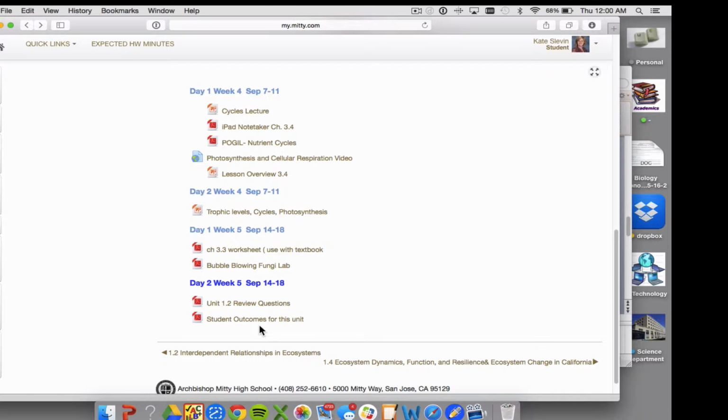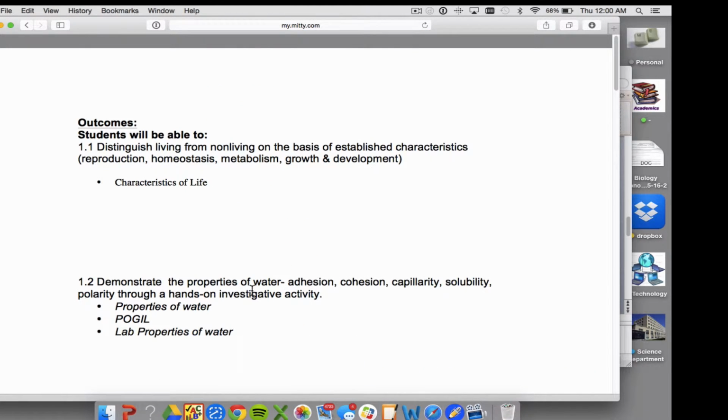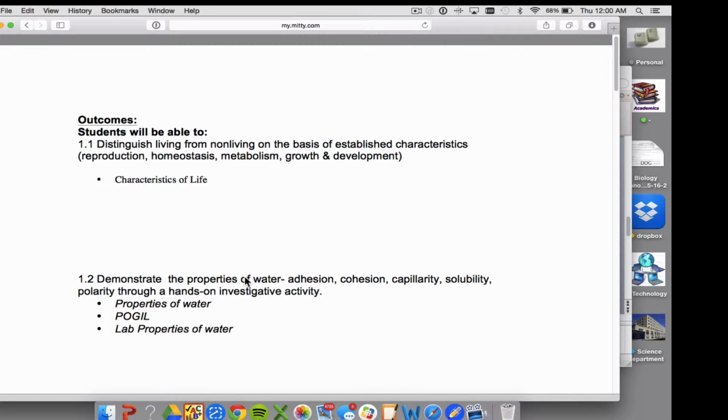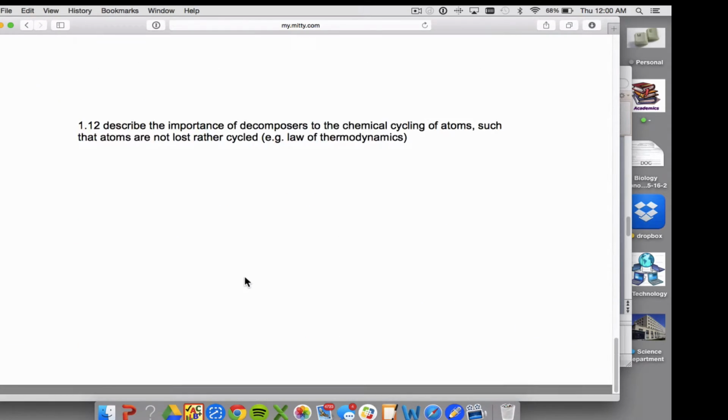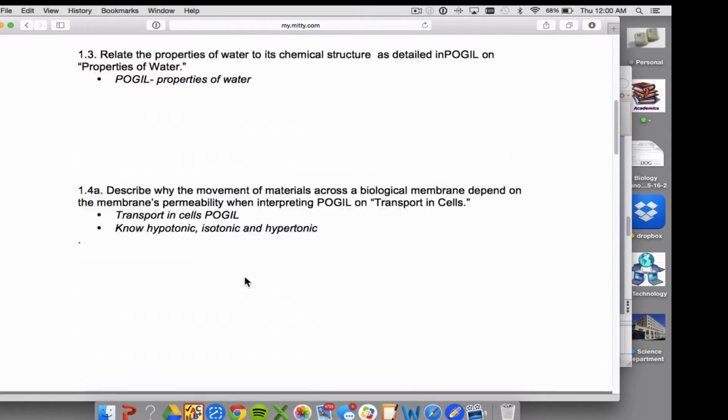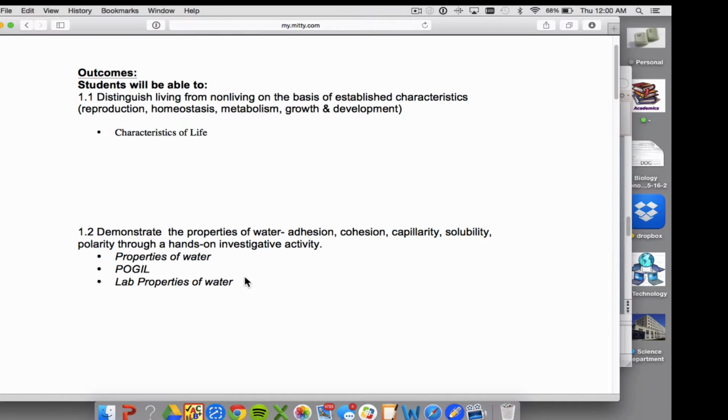Now please go to the student outcomes for this unit and click on that. There are 12 statements from 1.1 right the way through to 1.12. These are the 12 outcomes that we have covered in the first 5 weeks of school. And these determine what students should be able to know or explain or understand or prove.